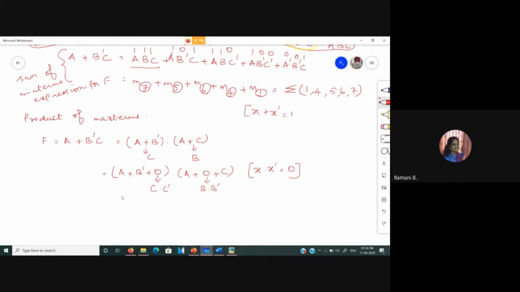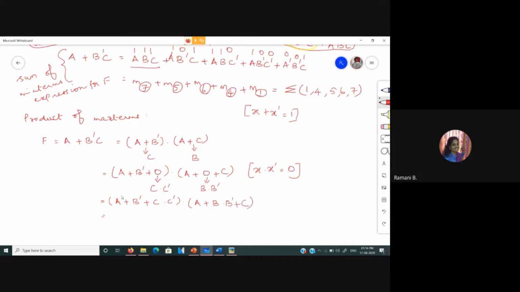Okay. So with sum of min terms, we used x plus x bar equal to 1, and with product of max terms, we use x dot x bar equal to 0. Now with respect to this, again we use the distributive law. So a plus b bar plus c dot c bar dot a plus b dot b bar plus c.